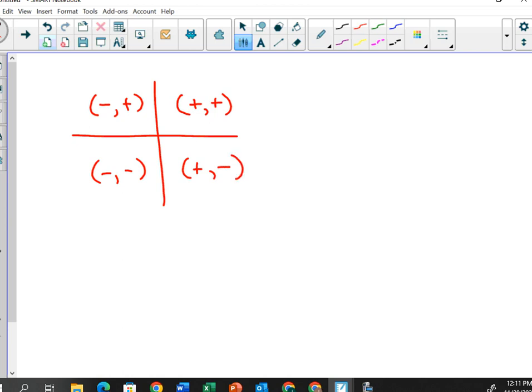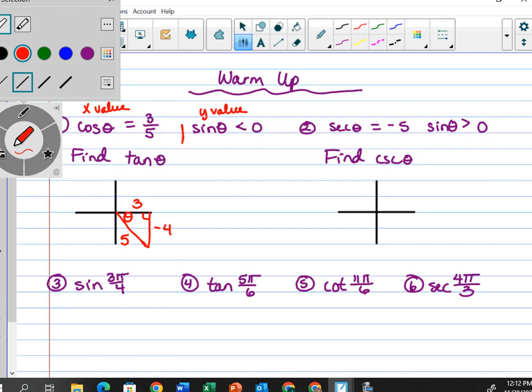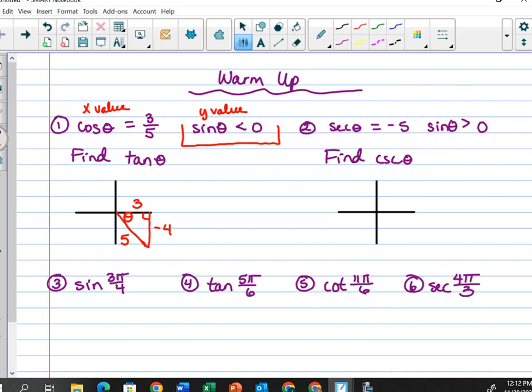Fourth quadrant, that's where cosine is positive and the sine. Actually, the sine was negative. Yes, because it says right here, sine is less than 0. Do you see it? Yeah, you've got to put those two pieces together.